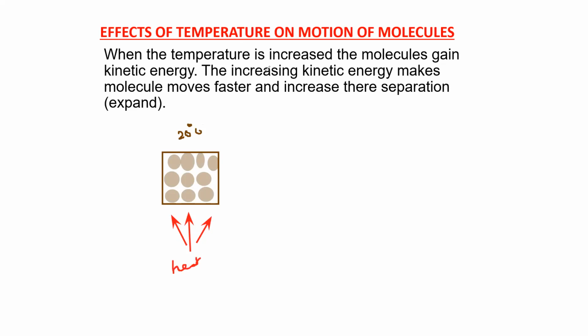So what happened to the speed of the particles? When we supply heat energy to this solid, the speed of the particles will increase, and as the speed increases, the particles try to move away from each other.